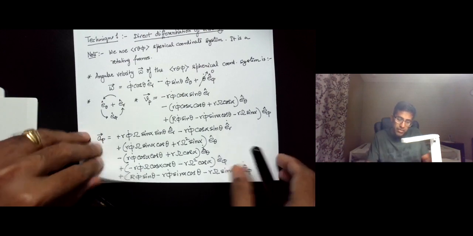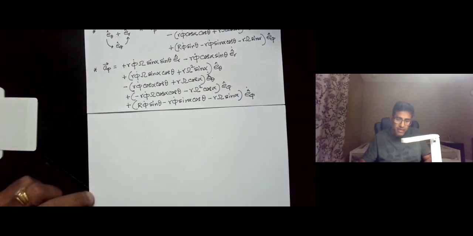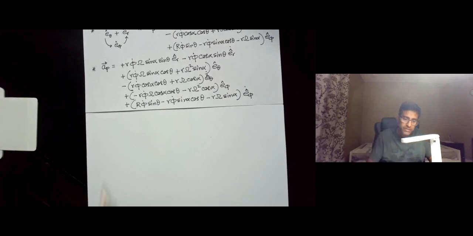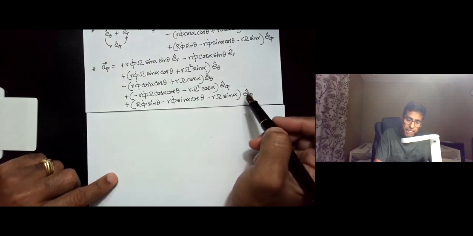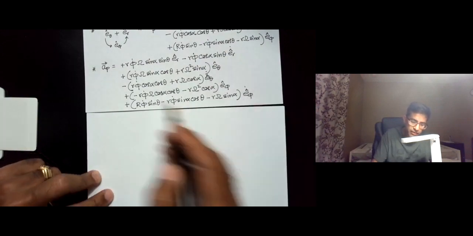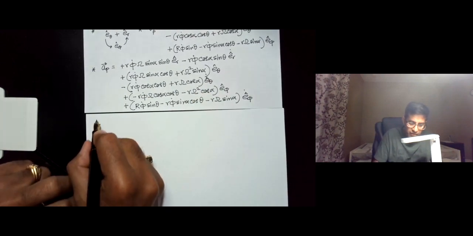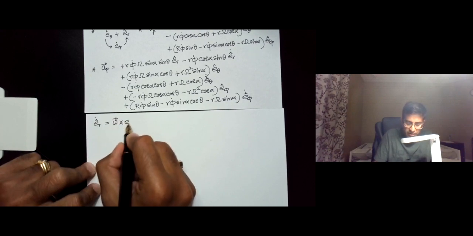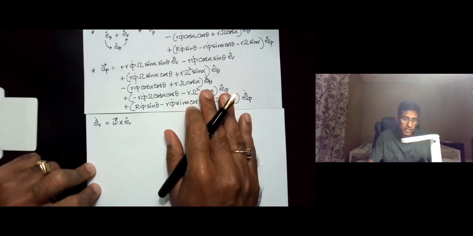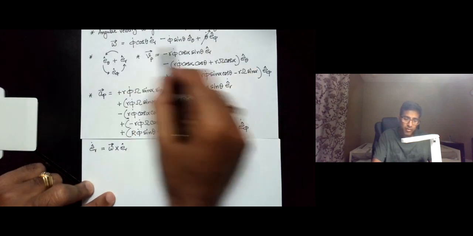Okay, so in this next step, let me keep this in my view. At this point it is mostly algebra, but we also need to find the derivatives of these unit vectors, which by now you know that the derivative of ER, that is ER dot, is actually omega cross ER, and we have the expression for omega.